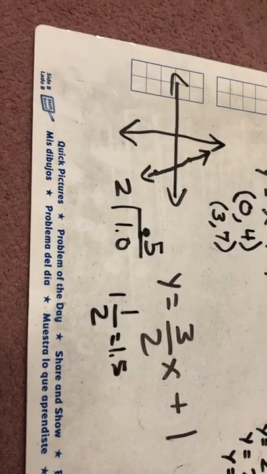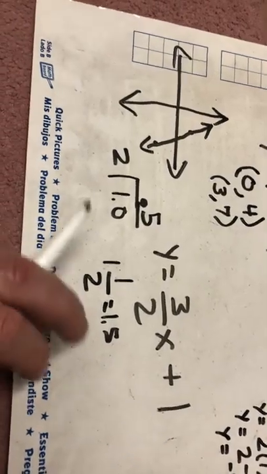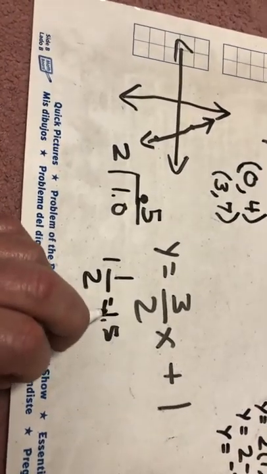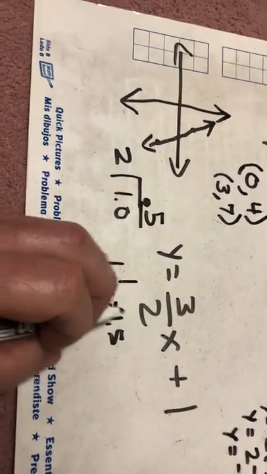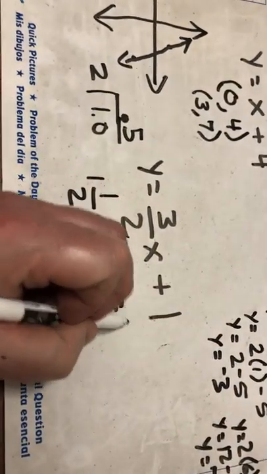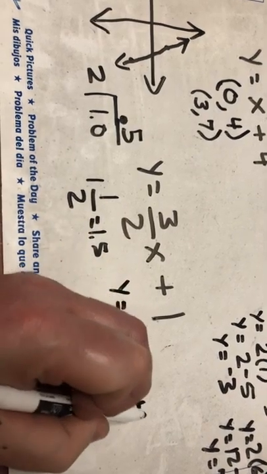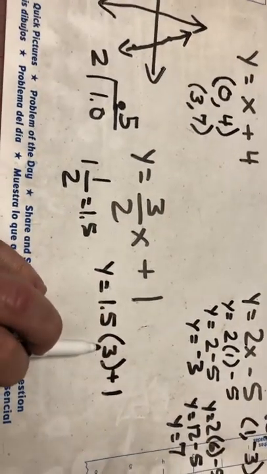Okay, 1.5x plus 1. So let's just try some different ones here. Let's say that I want x to equal 3. So it's going to become y equals 1.5 times 3 plus 1, because x is going to equal 3.